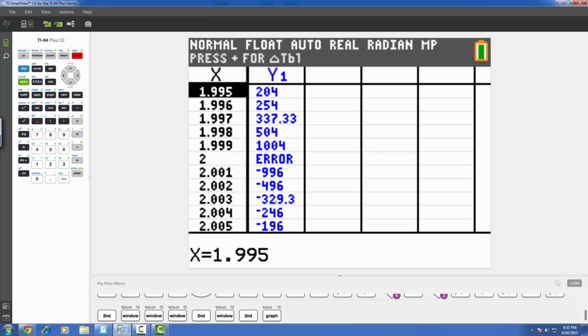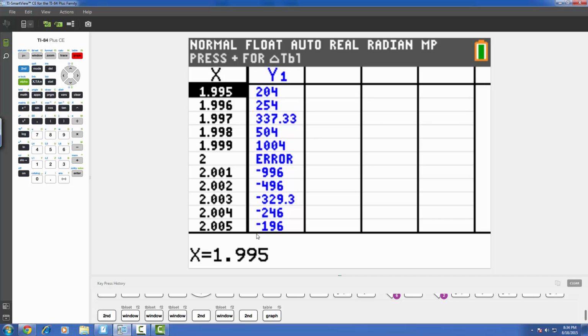Looking at some of these other numbers as you approach 2 from the right side, we start getting larger and larger negative numbers. And I would hunch that as you keep going closer and closer to 2, you would go all the way down to negative infinity as you approach 2 from the right side. Because our numbers are getting larger and larger on the left, that's going to positive infinity.